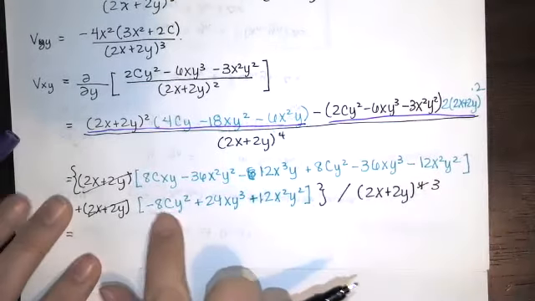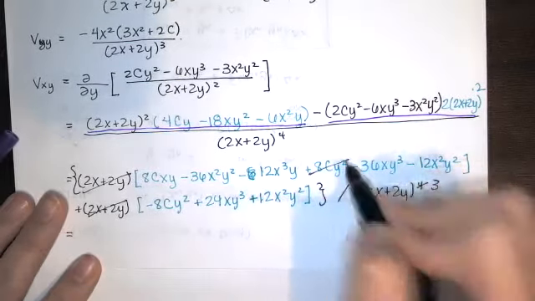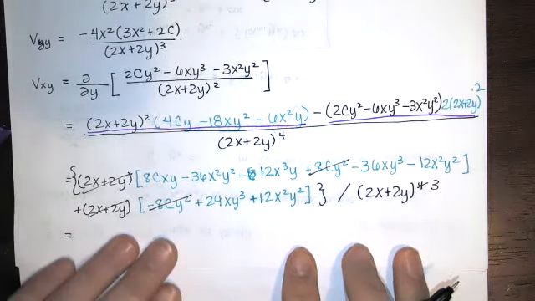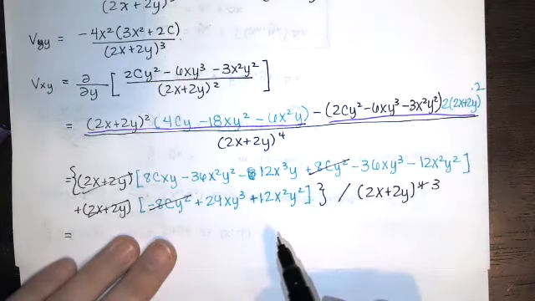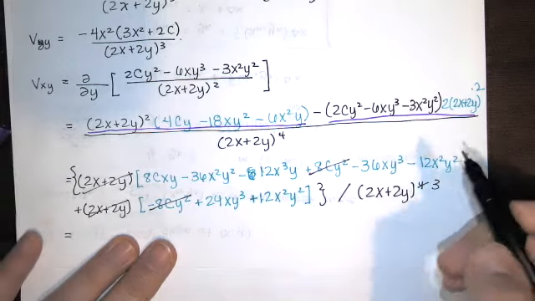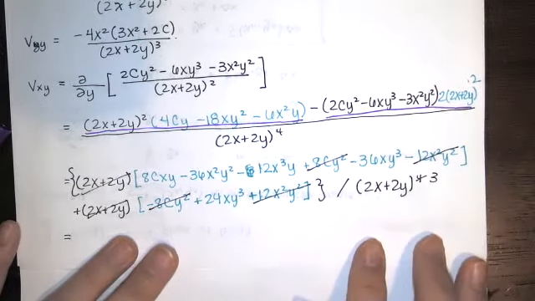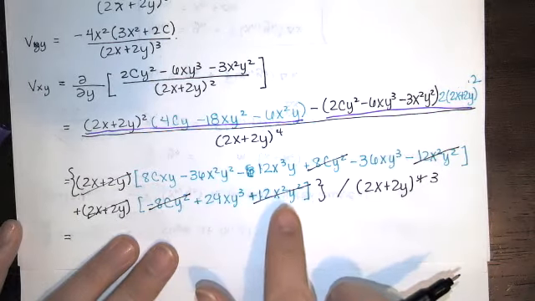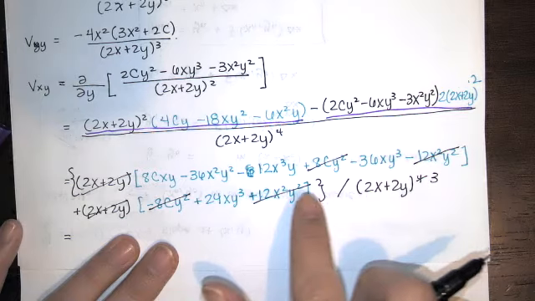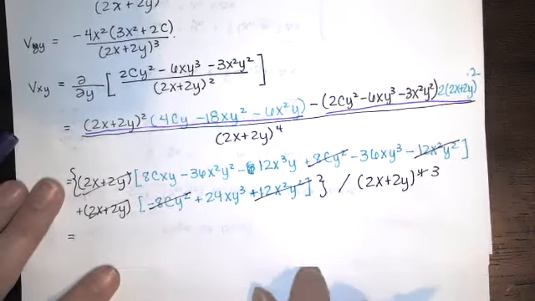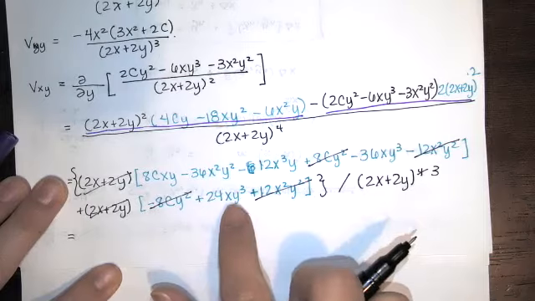I've got a negative 8cy squared and a positive 8cy squared, so those are gone. I've got a negative 12x squared y squared and a positive 12x squared y squared, so those are gone. I don't think anything else reduces. These are like terms though.